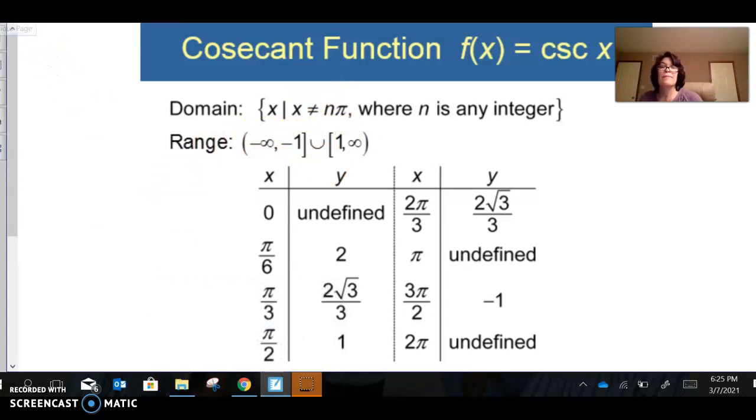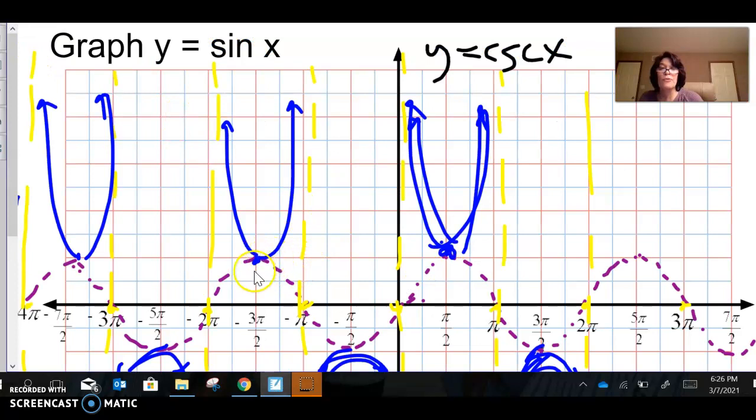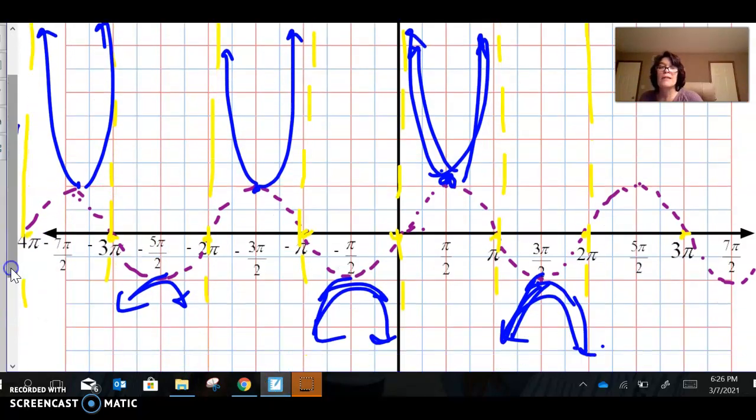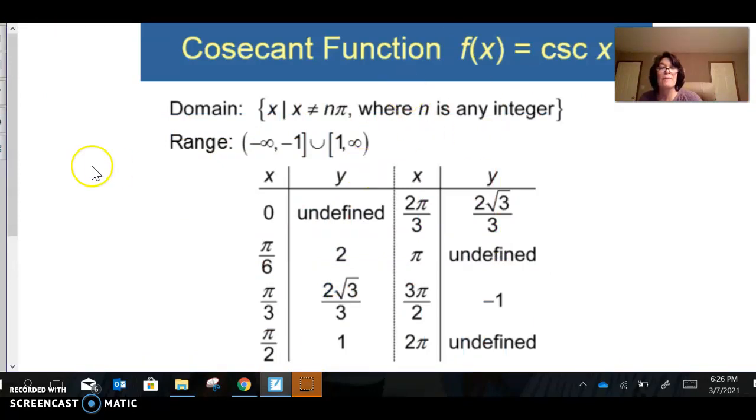Think about it. There's no blue part that's in here. My y coordinates are 1 and bigger, or my y coordinates are negative 1 and smaller. But there aren't any y coordinates in between negative 1 and 1 where sine usually is.